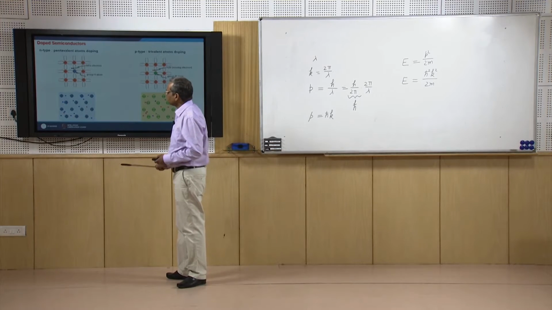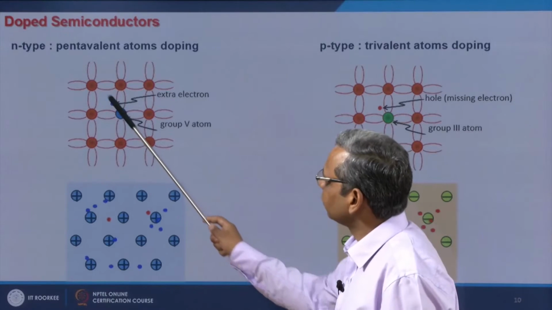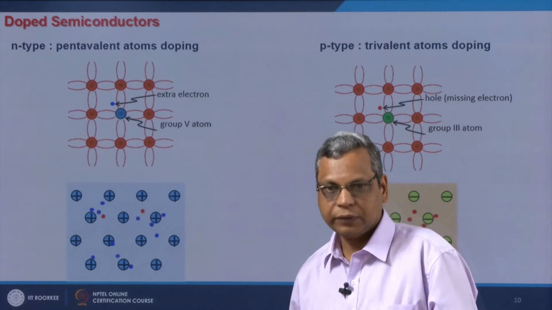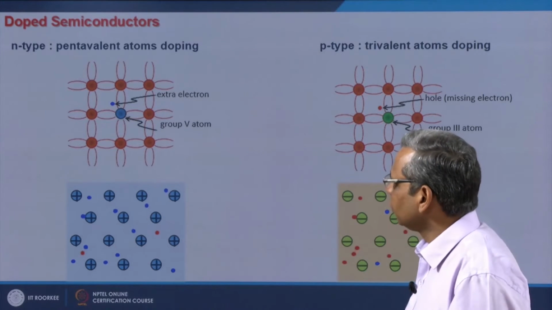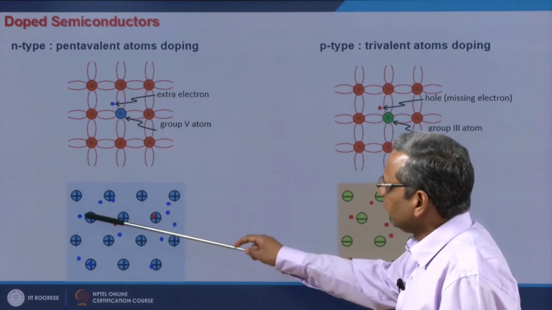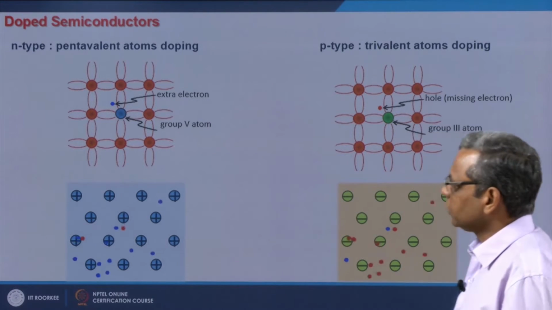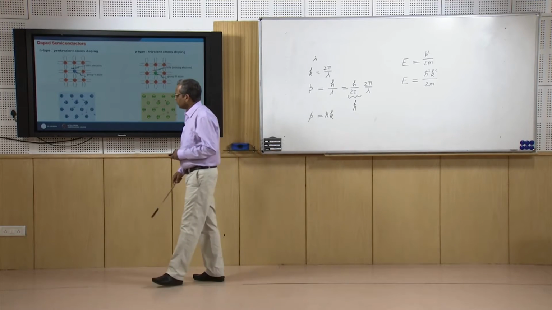Equivalently, I have a positive ion core because this electron is not associated with the atom now. So, the atom has given out this electron. Effectively, I have this positive ion core and a large number of these electrons available for conduction, depending upon the doping level.